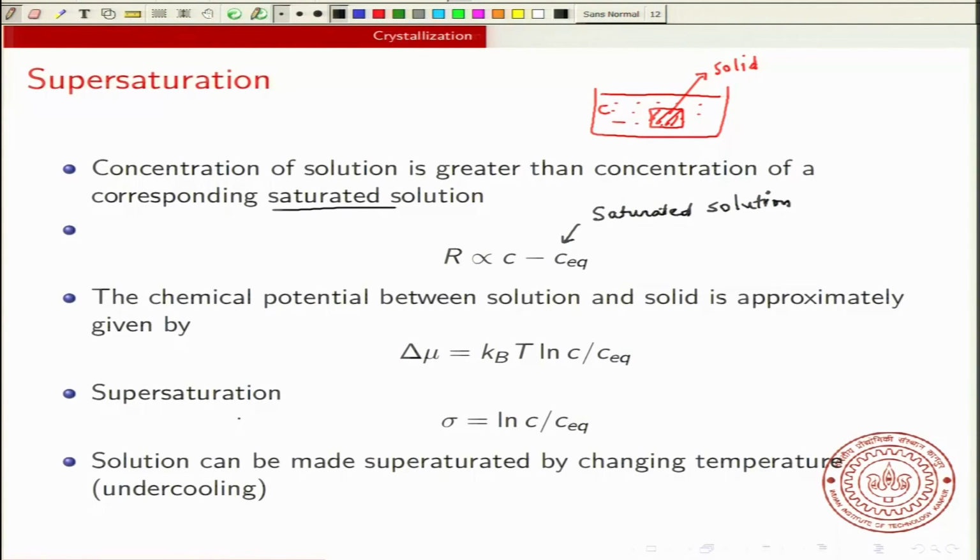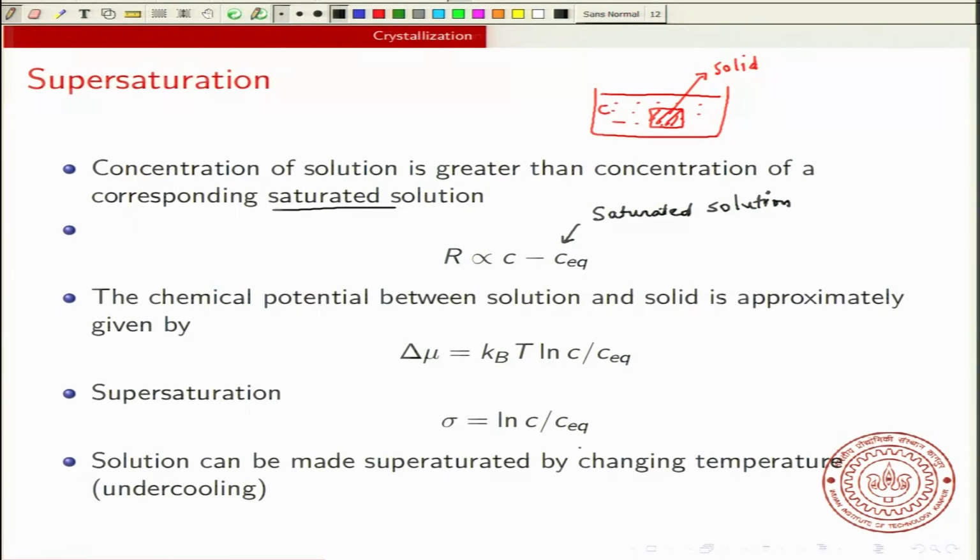Supersaturation means that the concentration is greater than that of the saturated solution. In this case you can write the chemical potential difference between the solution and the solid as approximately kBT times the natural log of the concentration divided by the concentration of the saturated solution. Sometimes we define a quantity called supersaturation, sigma, which is this ln of C by C equilibrium.